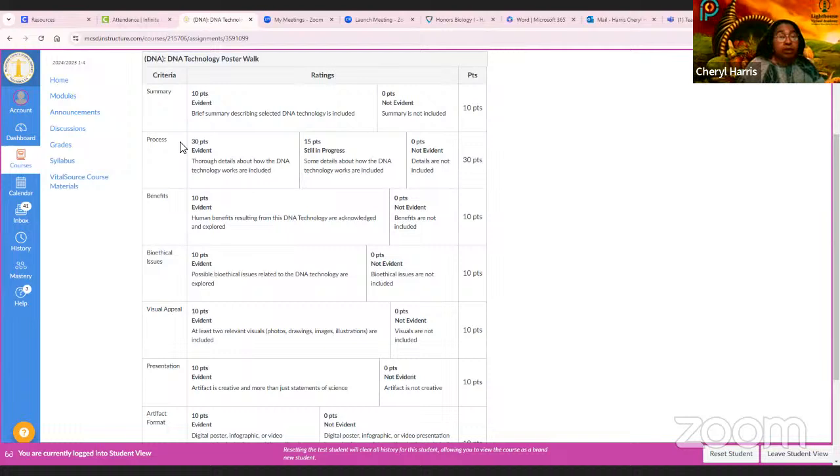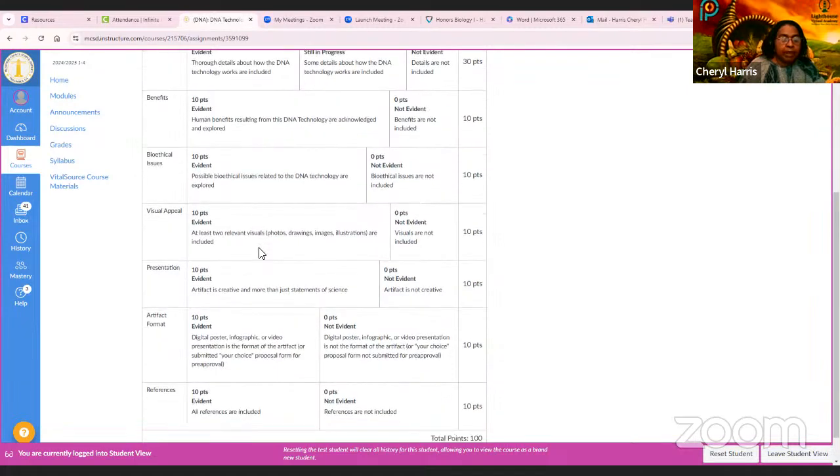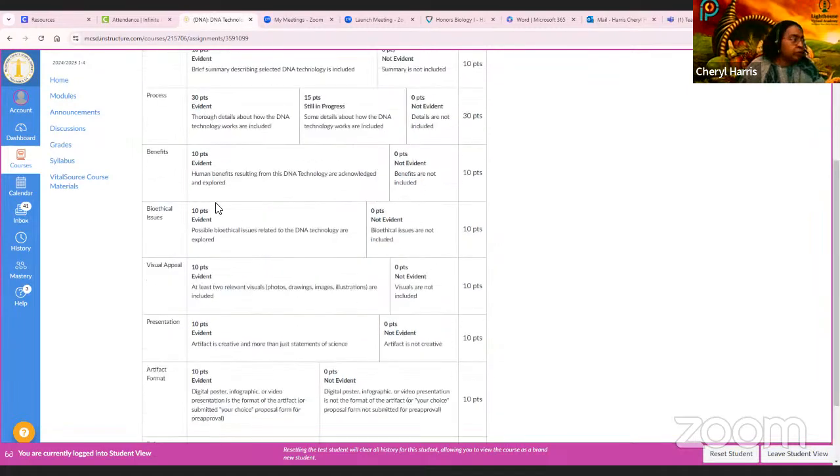So that would be your 30 points worth. What benefit is this to humans? So going down the side for criteria is what you really want to follow. And then you want to make sure that you are trying to get the max points out of it by looking at the first column, not the last column, because you don't want to lose any points.